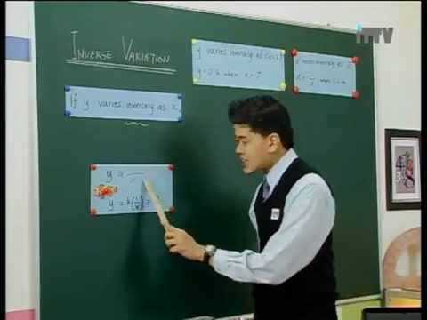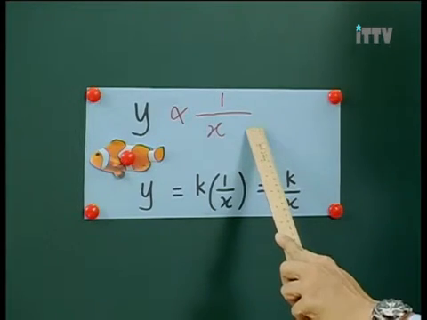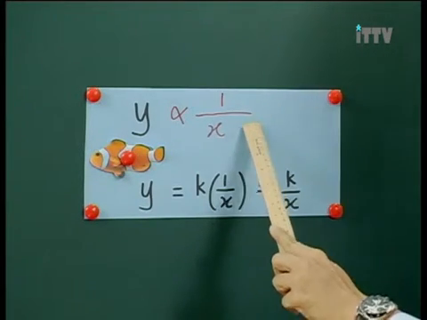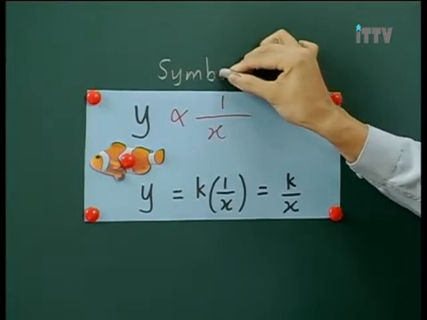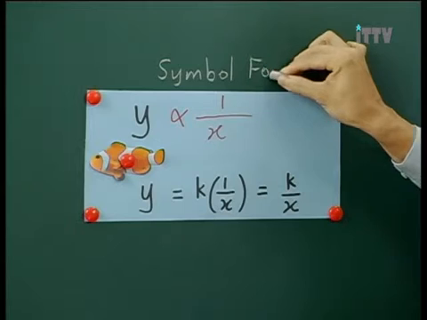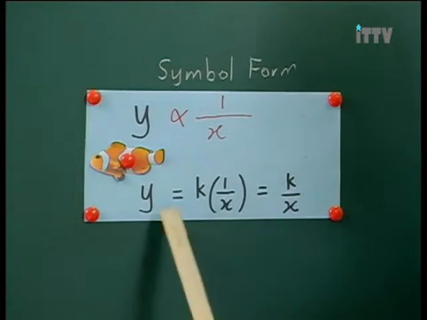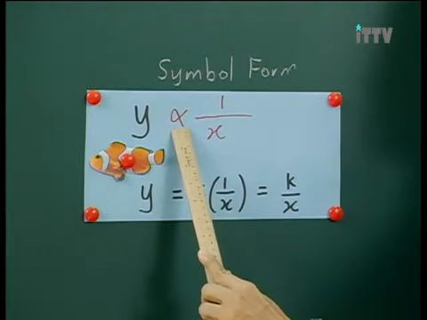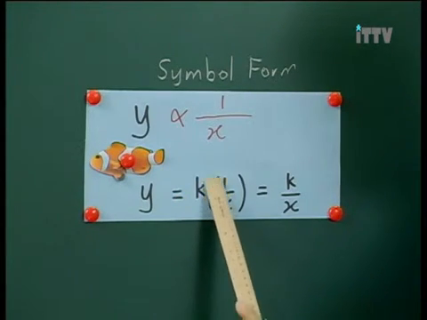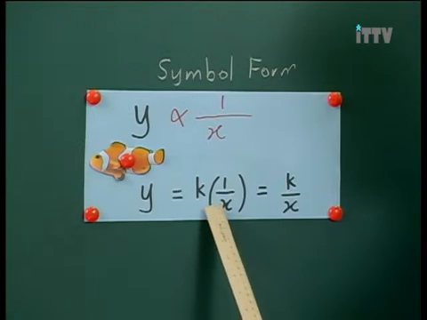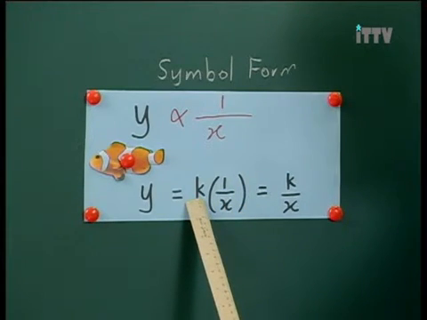And same thing, this is in what kind of form? Symbol form, or I call it the variation form. And it can be changed to the equation form. When you replace the symbol with equals, don't forget you must multiply the other quantity with k, which is the constant of proportionality.